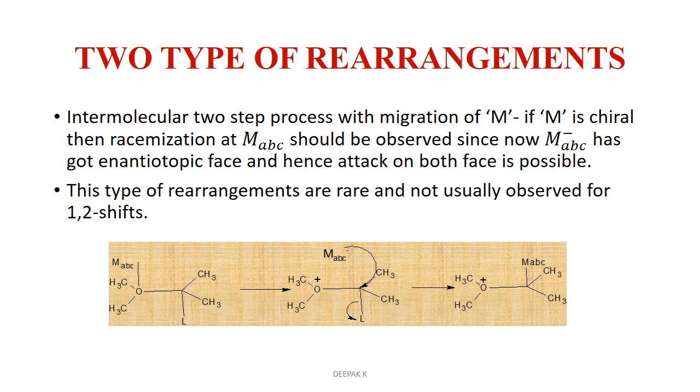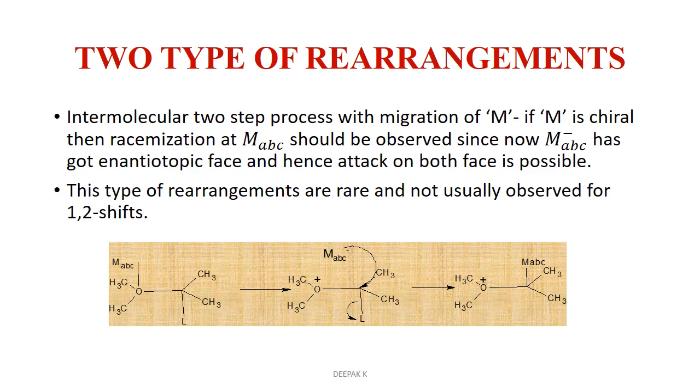And MABC will be formed at the migration terminus. But what is happening in that reaction? That is, if your migrating group is chiral, what is happening? If MABC is moving, that is MABC is released as MABC negative, with its electrons moving to the migration terminus. So the intermediate is formed like that, right?